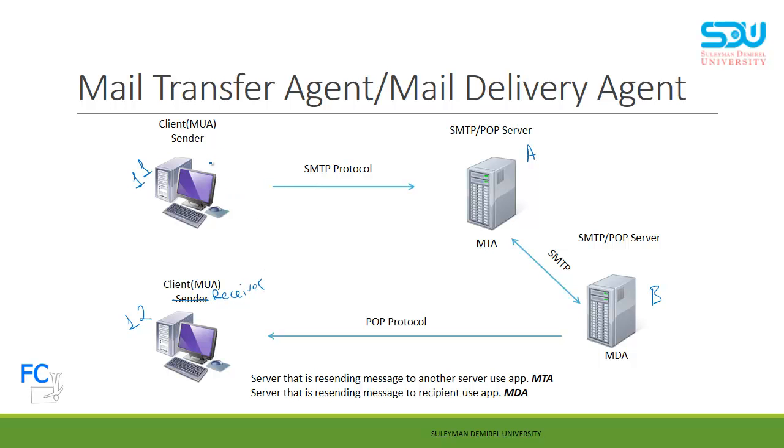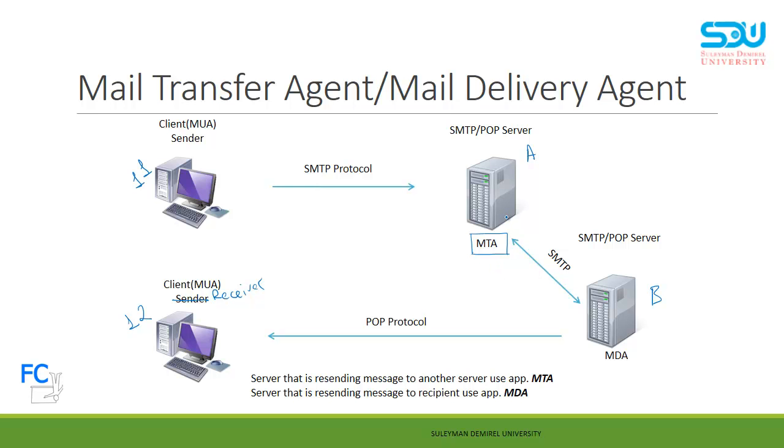Client 11 will send the mail by using the SMTP protocol to its own SMTP/POP server. In this situation, its server will have the role called the MTA, Mail Transfer Agent.